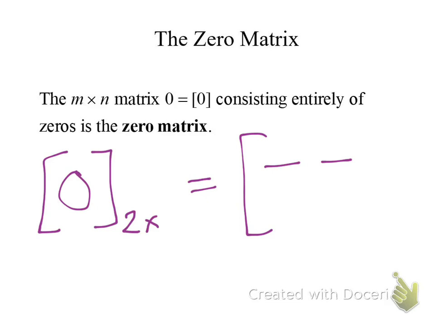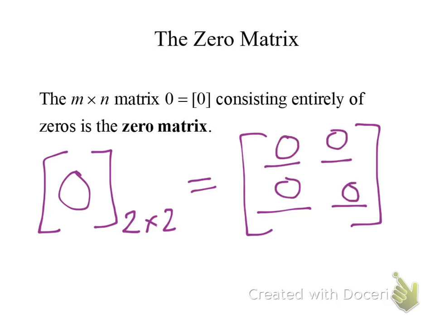What if I do 2 by 2? When I do 2 by 2, it just means I have zeros as every single element. That's all that means. So it makes it pretty easy for us to use. Questions? Let me know if you have any. I know you kind of can't ask a question to a video.